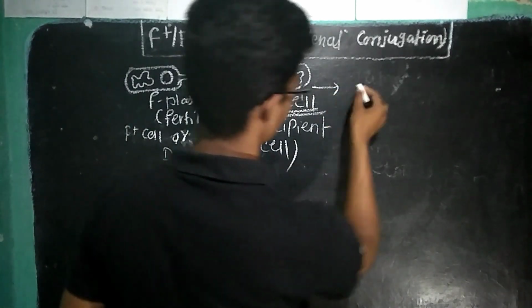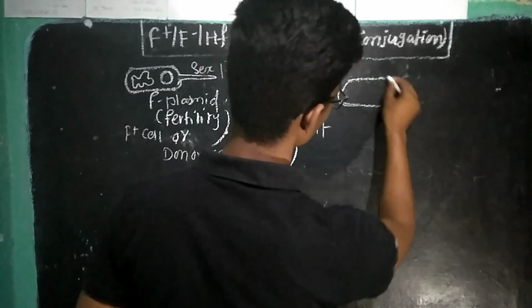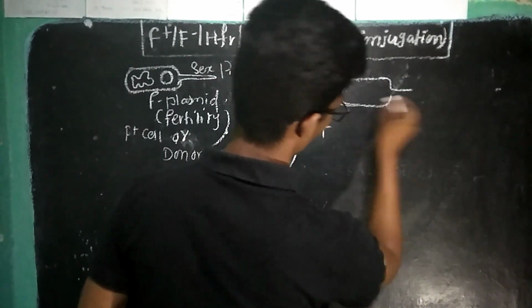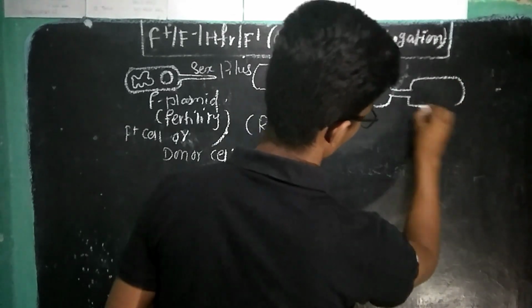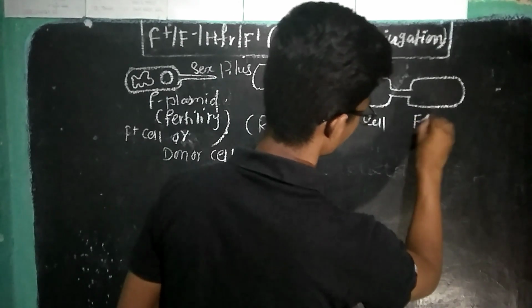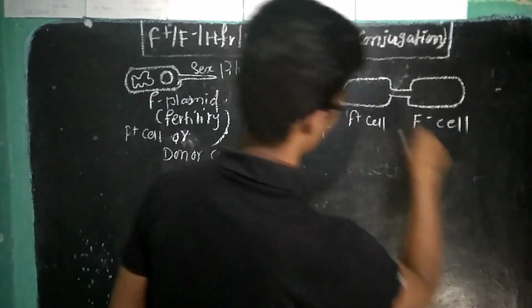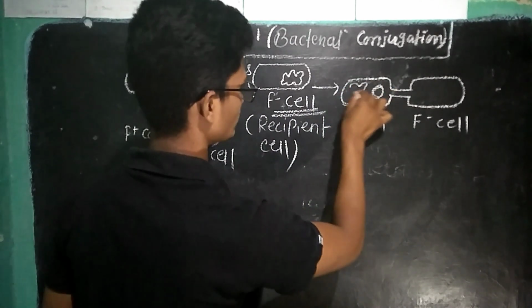See that this is the first bacterial cell forming the connection with the other bacterial cell. This is the F plus cell or donor cell, and this is the F minus cell, with the plasmid and the bacterial chromosome.